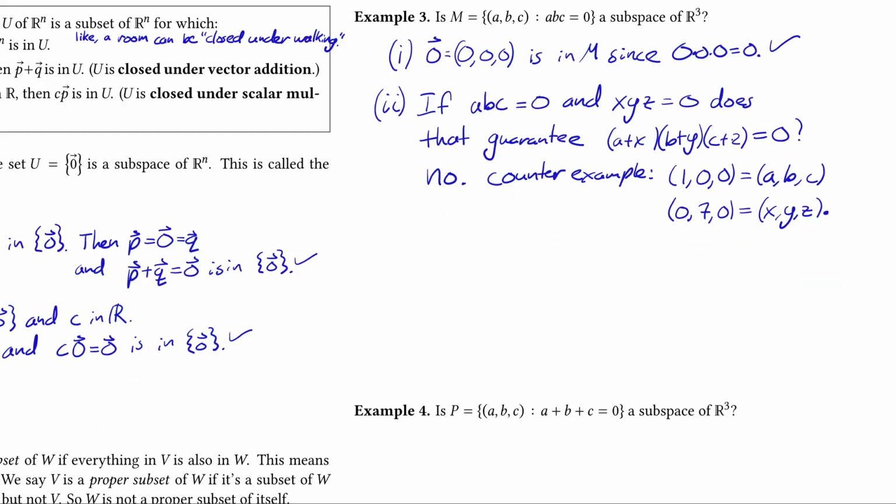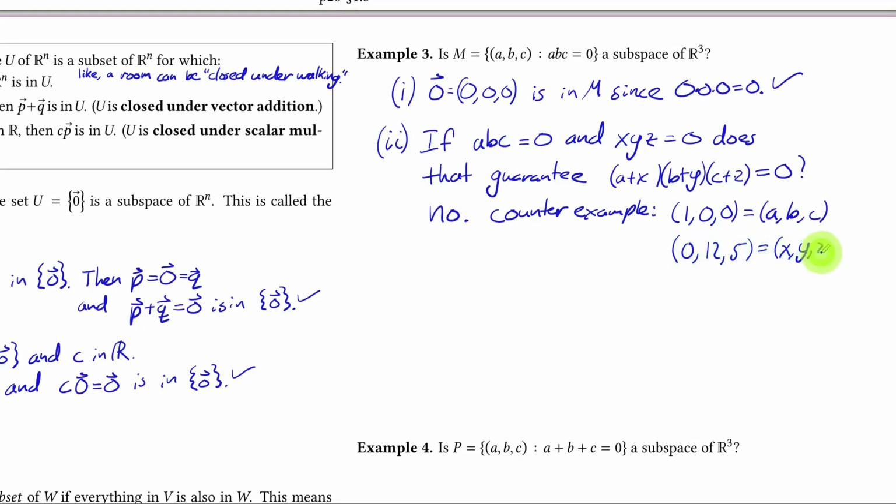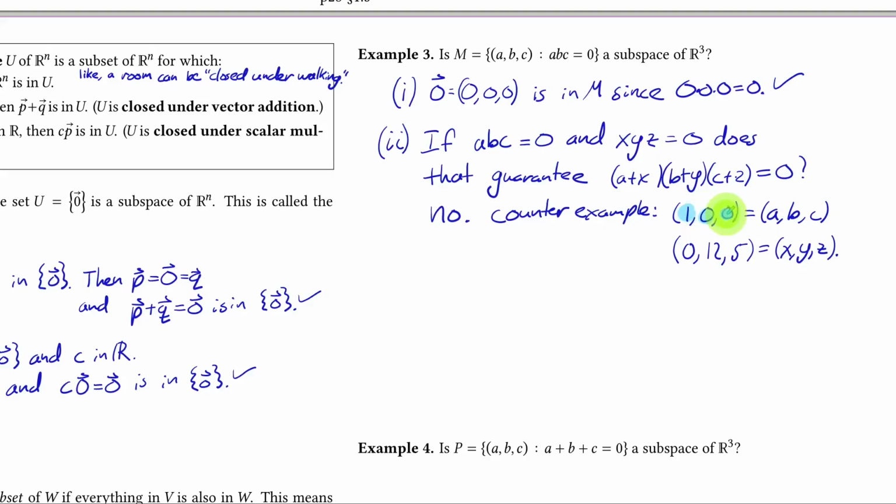Oh, that's not a counterexample. Let me try again. So here's a counterexample. 1 times 0 is 0, and likewise 0 times 12 times 5 is also 0.